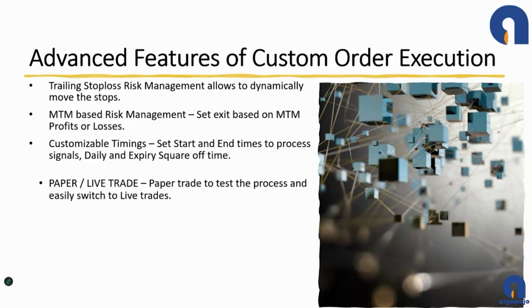Once you get a hang of how the platform works, and once you notice that the orders are getting placed through the platform as per your requirements, you can shift to live trade.